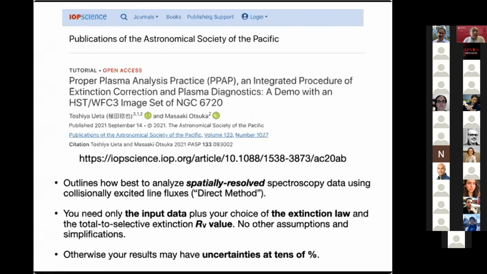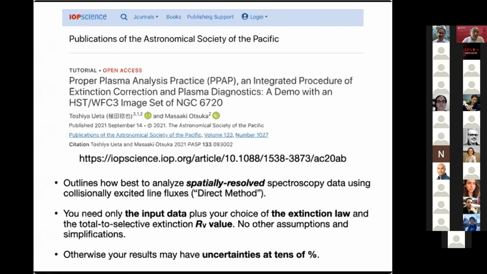This talk is based on the paper that I published last month. It is open access, so you can go and download it. The upshot of this paper is that it outlines how best to analyze spatially resolved spectroscopy data, including IFU, but it doesn't have to be IFU.